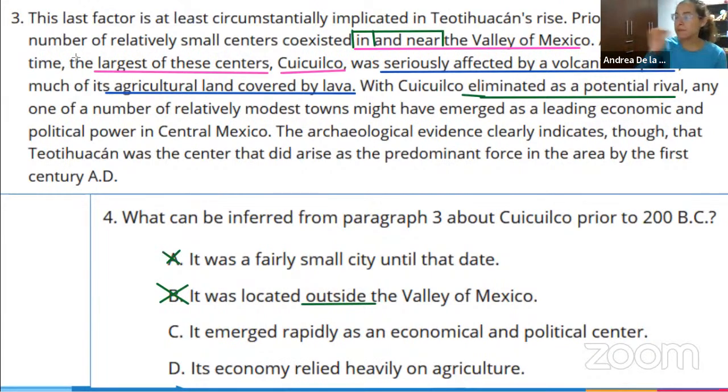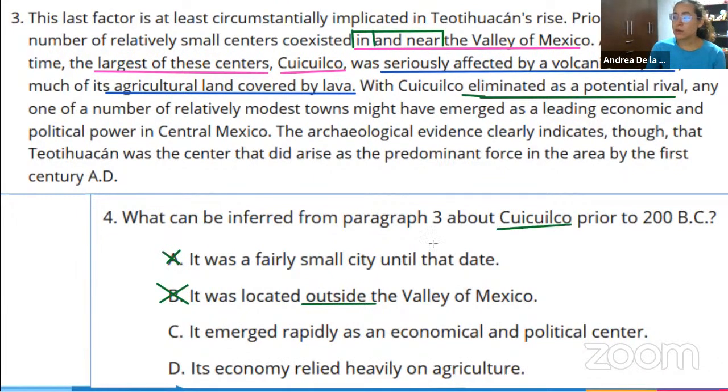So they're going to include phrases and words that will sound familiar so that you're tempted to choose them. But if you think about it, they are talking about other towns. They say Cuicuilco was eliminated as a rival, so any one of a number of relatively modest towns, so other towns, might have emerged as a leading economic and political power. So they are not talking about Cuicuilco, they're talking about other towns.